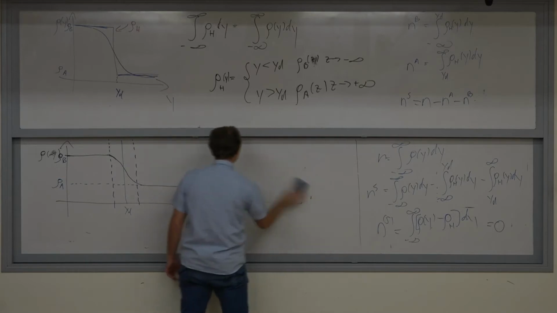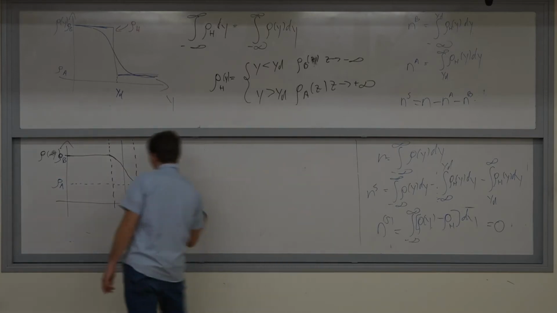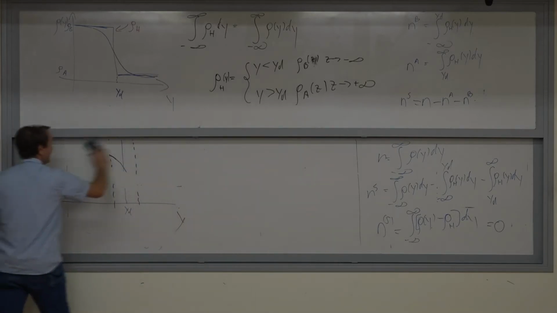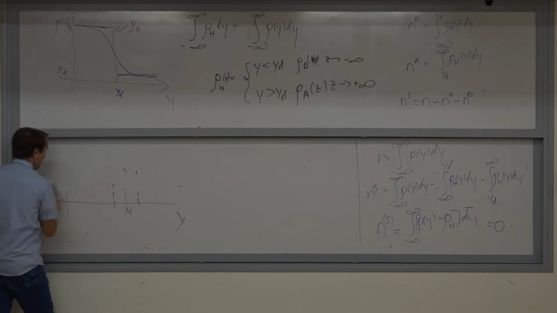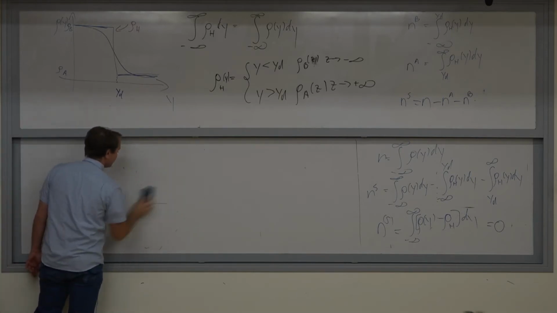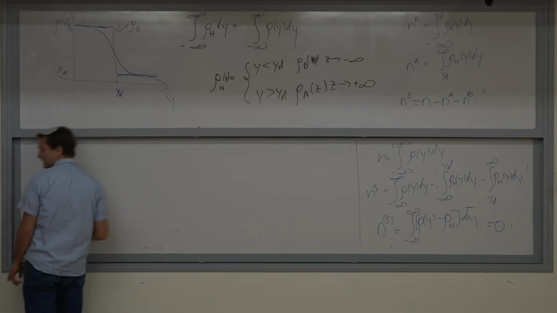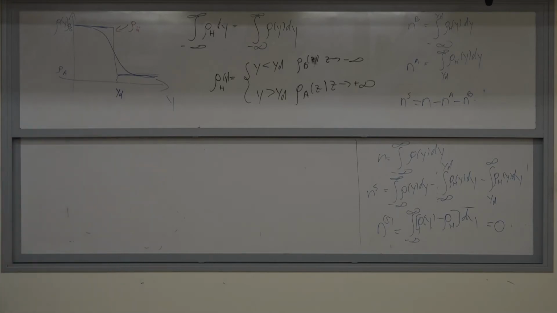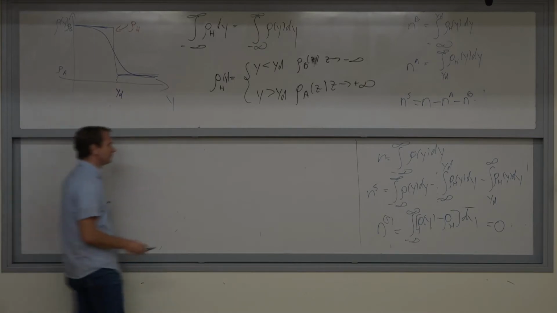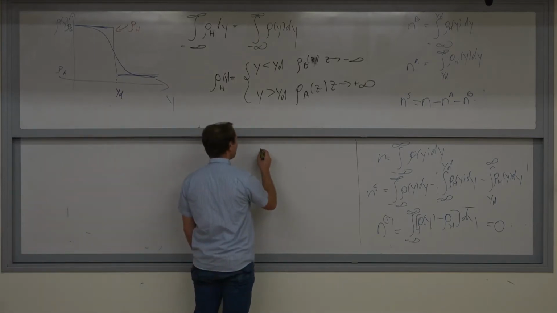So let us look at the energy of the surface. What is the energy of the surface and how do we define it? So first of all, we want to state the following.